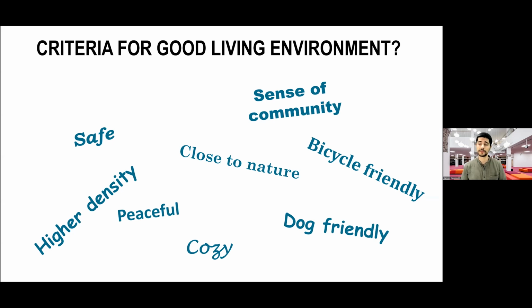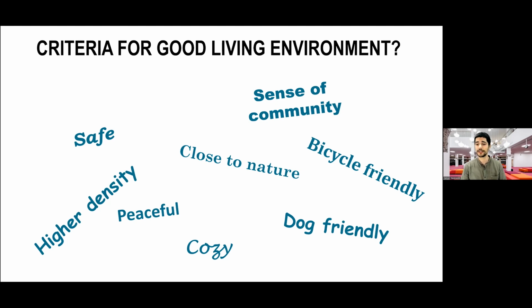Sometimes these preferences can also be contradicting. For example, people's ideas of how cities can be better, how the living environments can be improved, can be significantly different. Someone might like to live in a more peaceful area where you have access to a lot of green natural areas. Someone might want the environment to be a bit more urban, with higher densification, and so on.